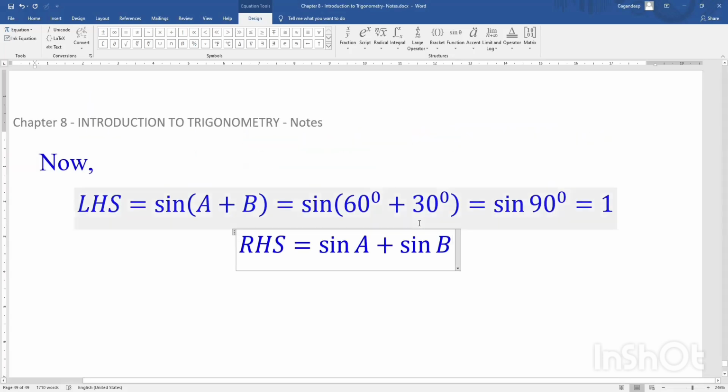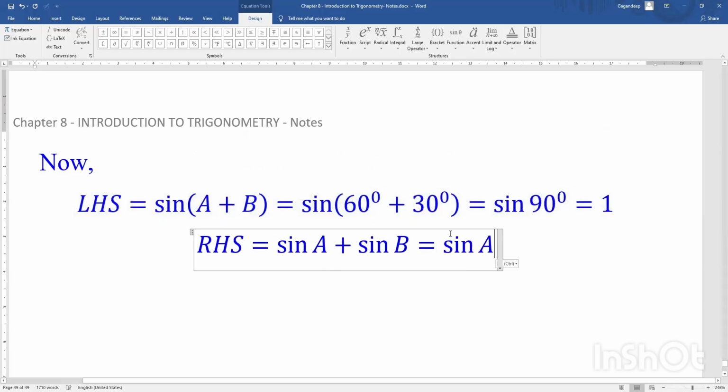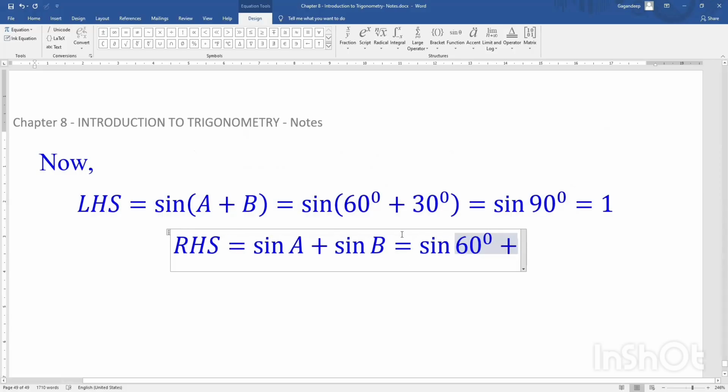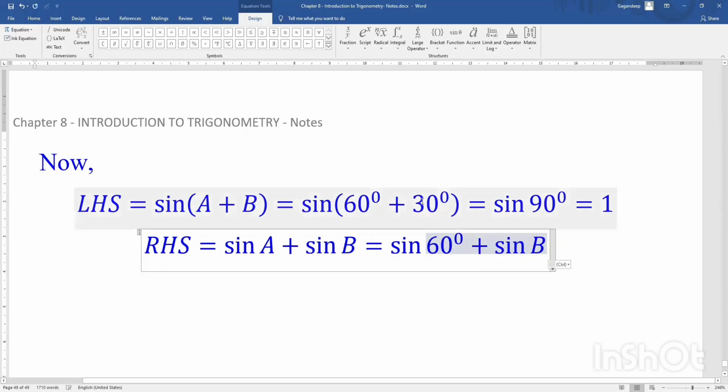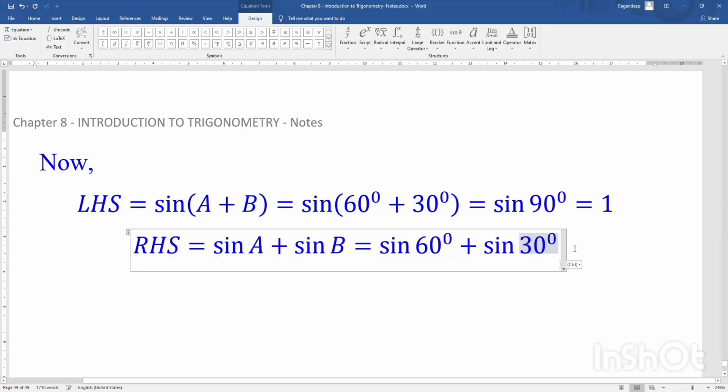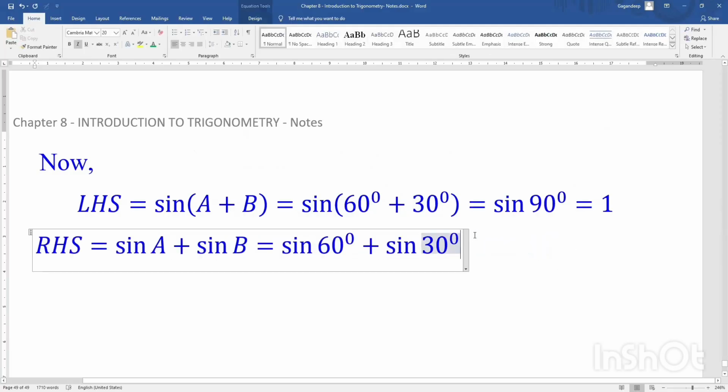For A, I'm going to put 60, and for sine B, I'm going to write sine 30 degree.